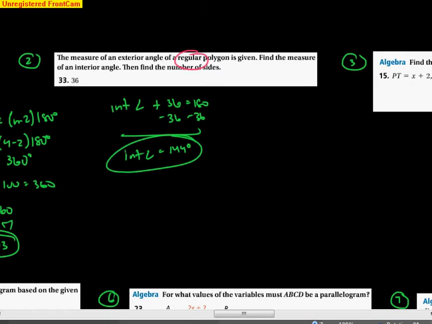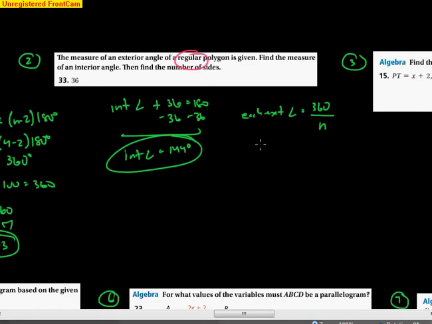And then if I want to find the number of sides, there's 2 ways. I'm going to use the exterior angle. Remember that each exterior angle of a regular polygon is equal to 360 divided by the number of sides, because 360 is the sum of them all, and I divide by n because there would be n exterior angles for n sides.